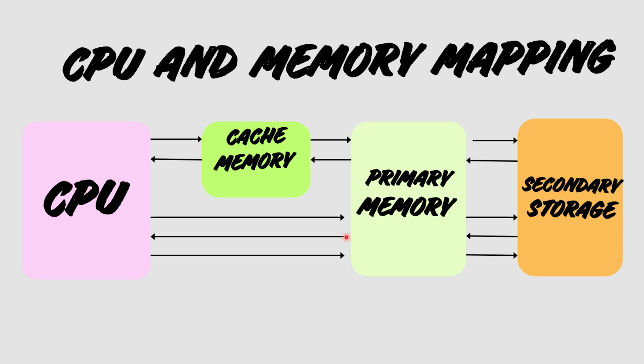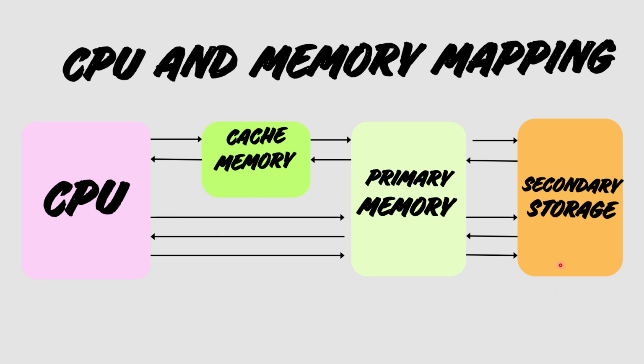Whatever instructions or data are currently needed, the CPU will fetch directly from the primary memory. Whereas if some data or instructions are frequently or repeatedly used, the CPU will take them from the cache memory.